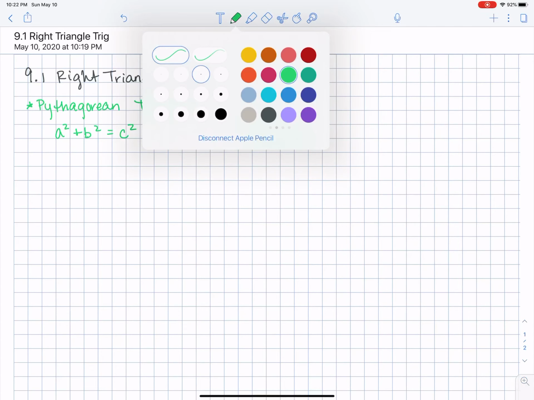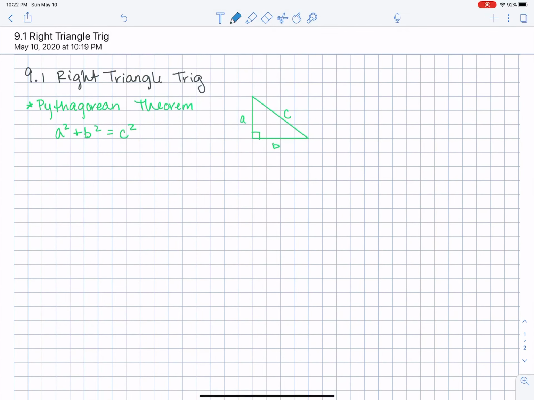The other thing, and hopefully you remember this from geometry, and I'm not going to lie, this is absolutely one of my favorites, are special right triangles. Now, if you remember, there are two of them, so we need an S there.